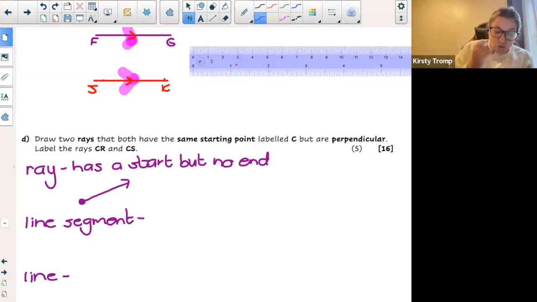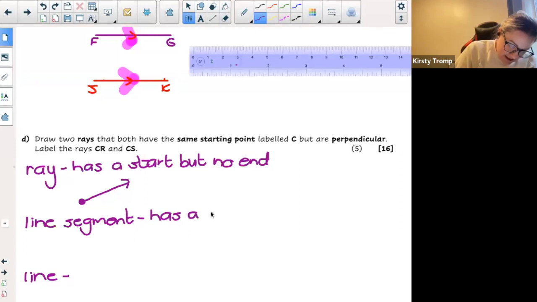Hi, Pearl. Do you want to talk to me about a line segment? Pearl, what's a line segment? A line segment has a start and no end. So be careful, because I think you're thinking of a ray. I definitely agree with you that it has a start.